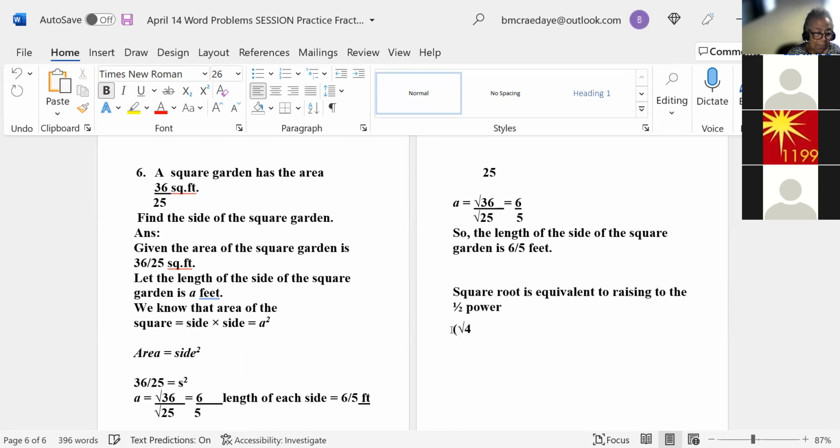Let me just put this in parentheses. I've got the square root of 4, and I want to square it. So let me just put a square. I want to square this. So the square root of 4 squared is equal to what?